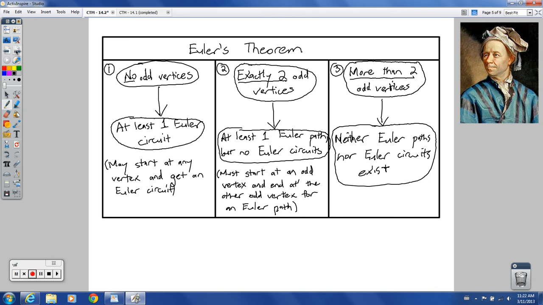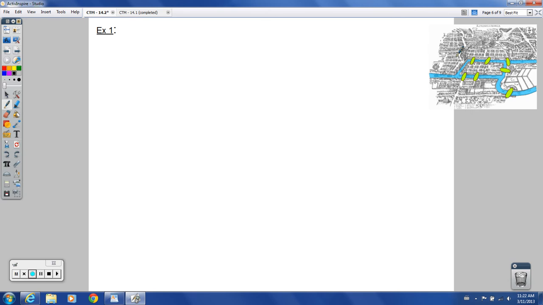So let's look at our first example now. This is going back to the Königsberg bridge problem. We're not going to redraw the map, we're just going to redraw the graph. So let's write that down here.